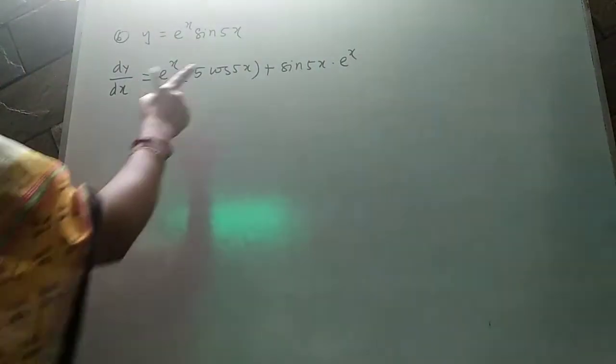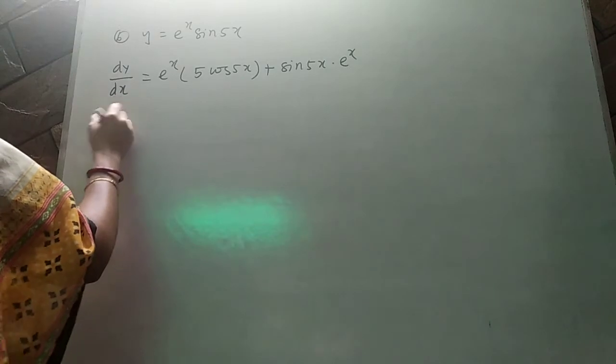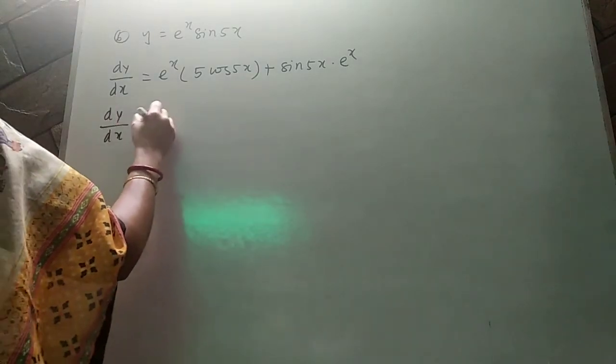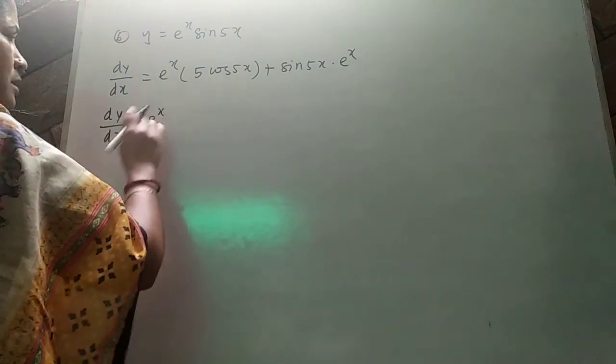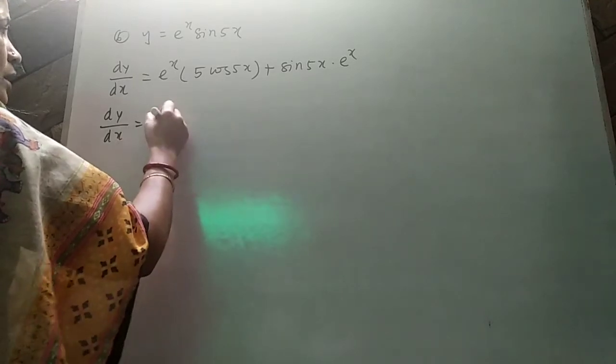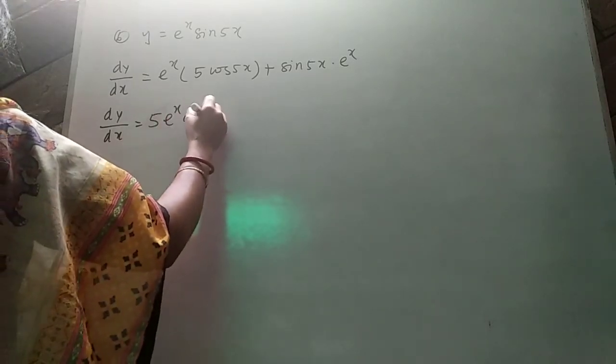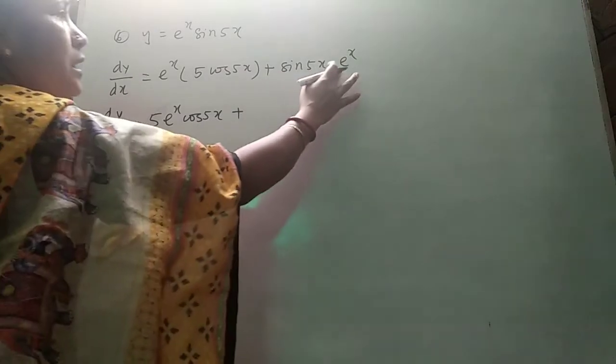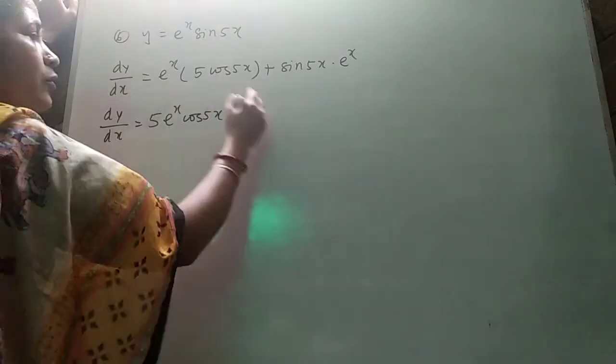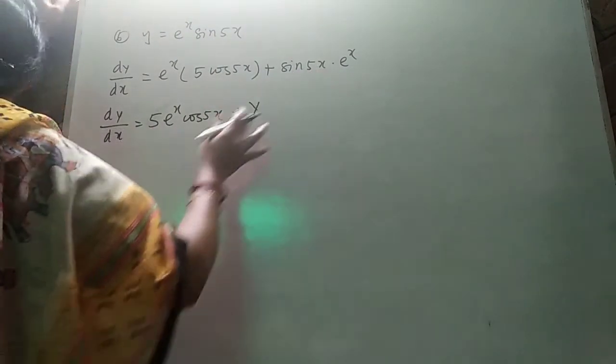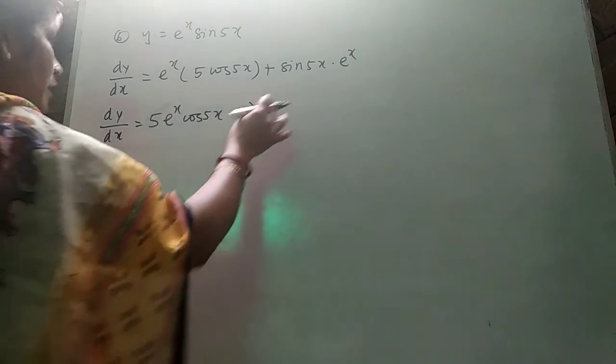Now listen how I'm doing manipulation here. dy by dx is equal to 5 e to the x cos 5x plus e to the x into sin 5x. I can write this as y. Okay, fine. Now see, listen, collect all y on one side.